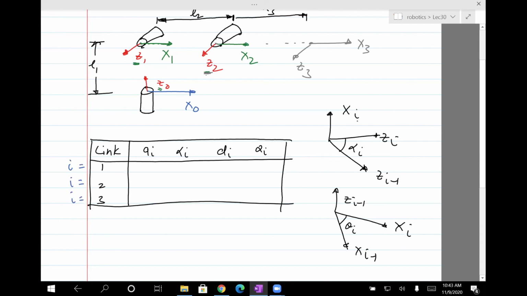So if you put I equals 1 here, we have Z1 and Z0. So we have to find the distance from Z0 and Z1 along X1. So you can see that Z0 intersects Z1. So the distance along X1 is going to be 0.